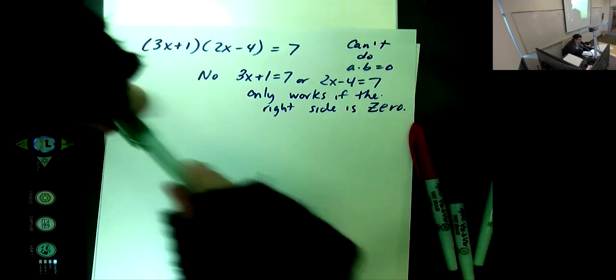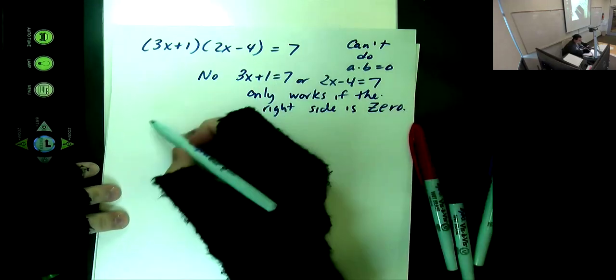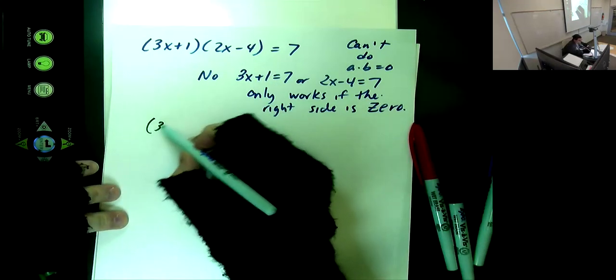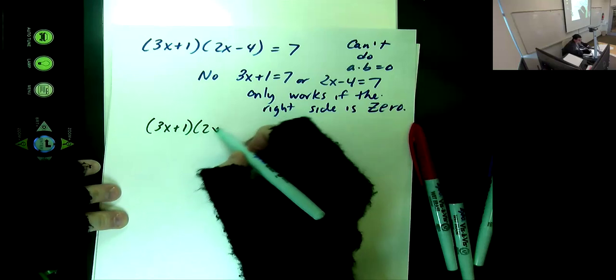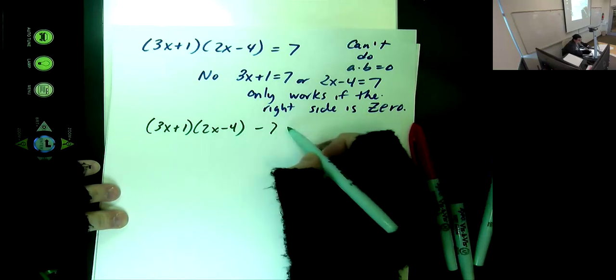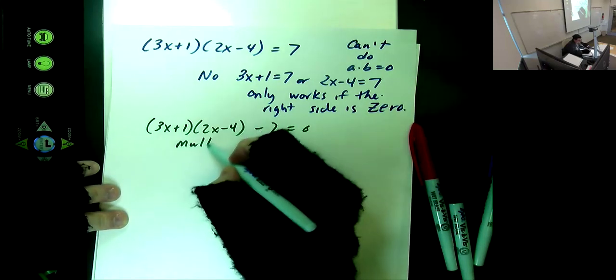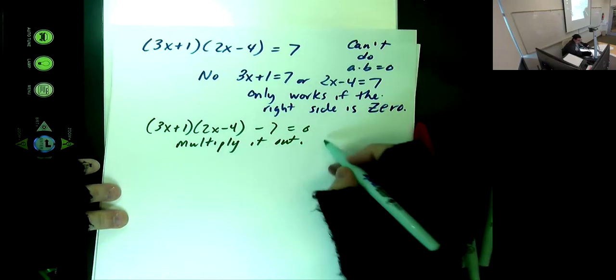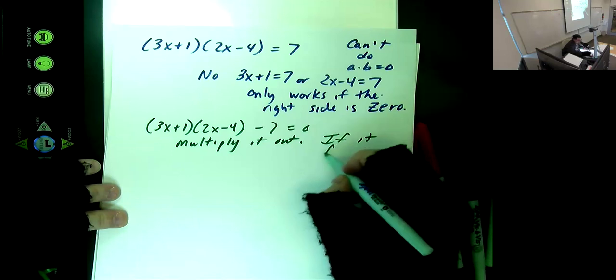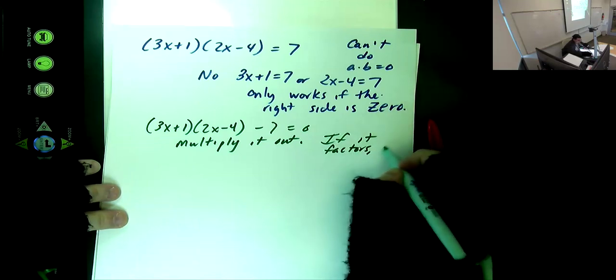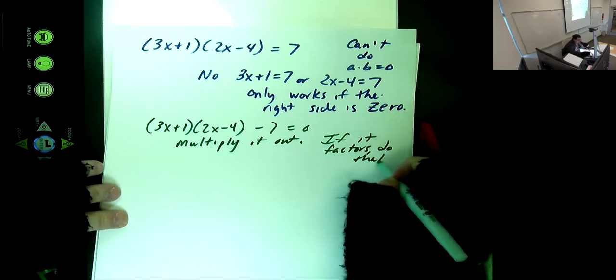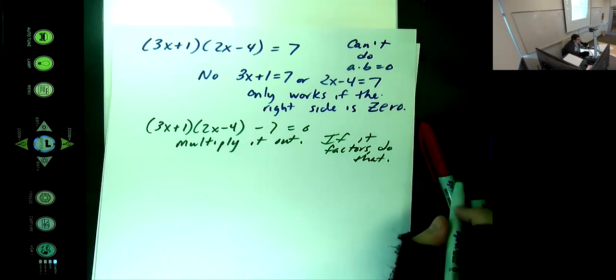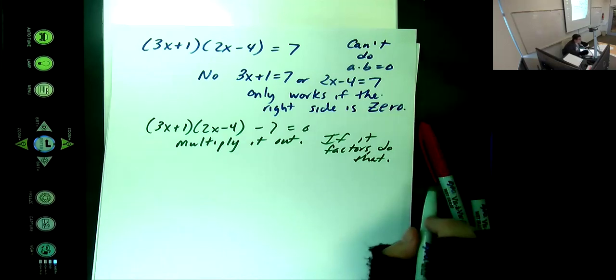So the way to go about it is subtract the 7 and multiply this out. If it factors, save yourself some time. Otherwise, you'll complete the square or do what we're gonna do on Thursday.